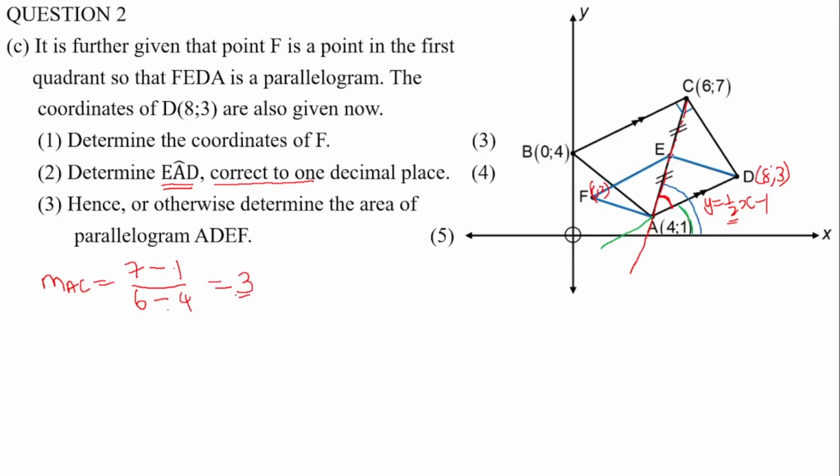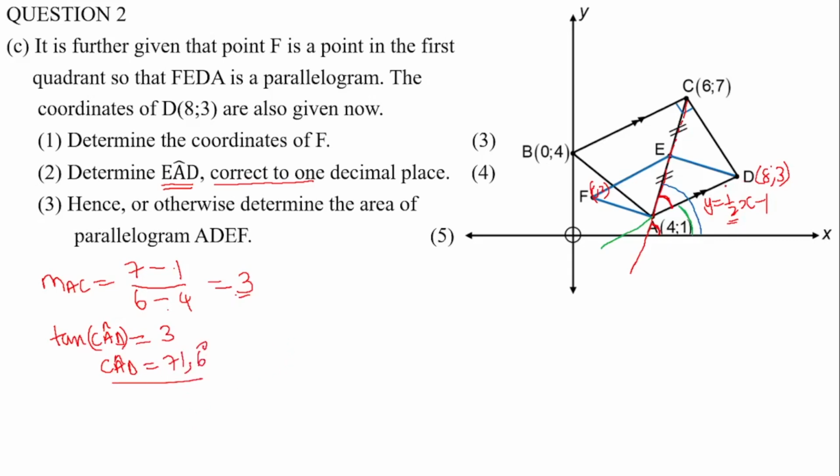So tan CAD, because this angle and this angle are just the same, as the angle of inclination, that's why I'm using CAD. tan CAD is equal to 3, meaning that CAD is arctan 3, which gives you 71.6 degrees to 1 decimal place.